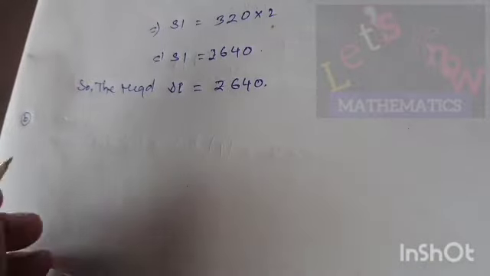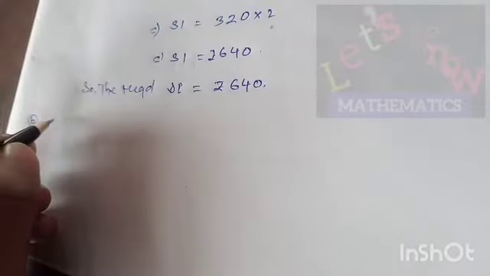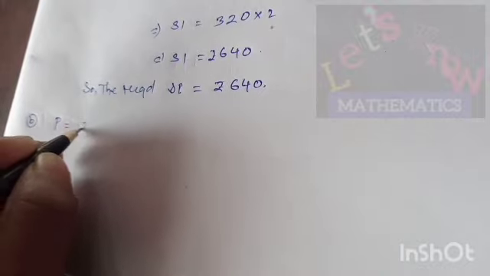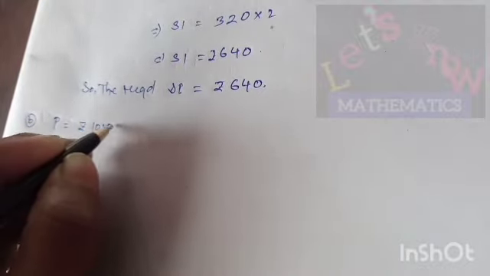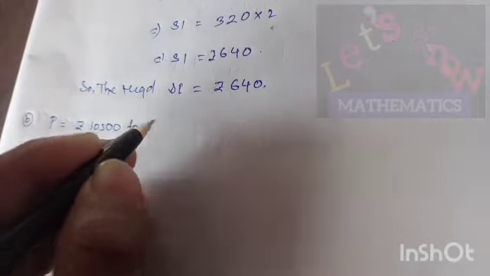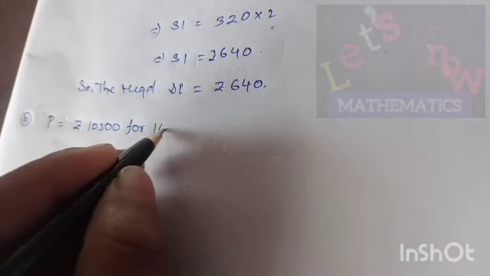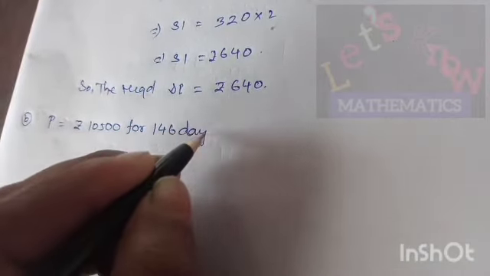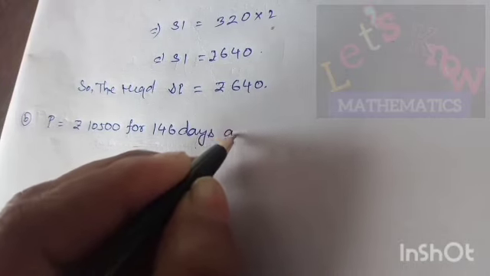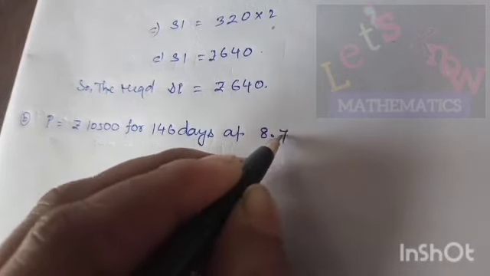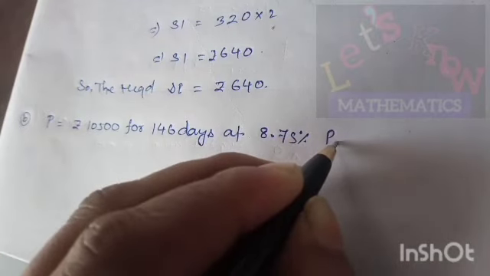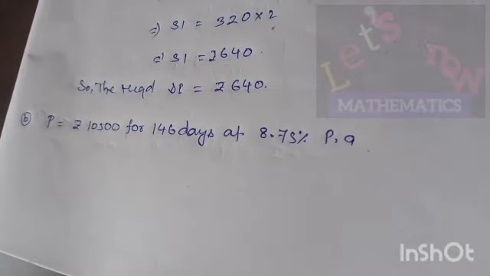Then see, B: principal is equal to rupees 10,500 for 146 days at 8.75% per annum. Okay, one such example I already solved. So this one I am going to do once again.